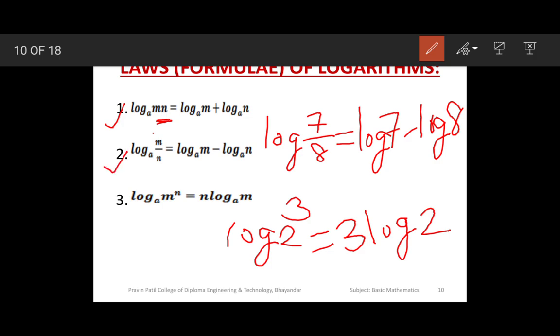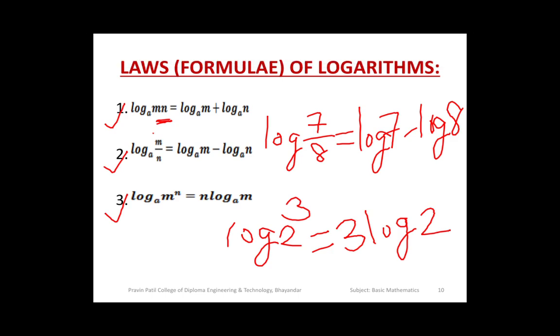Second formula, division formula: log m upon n equals log m minus log n. Third formula is the raised-to formula: log m raised to n equals n into log m. Clear? These are the three important formulas.